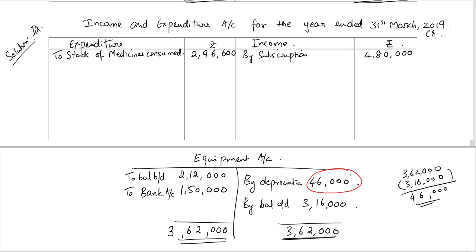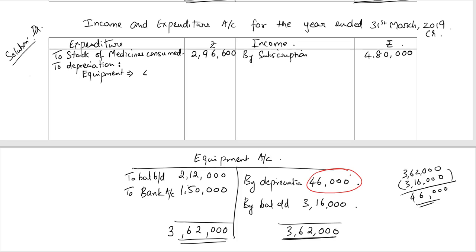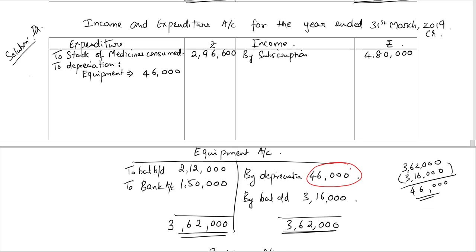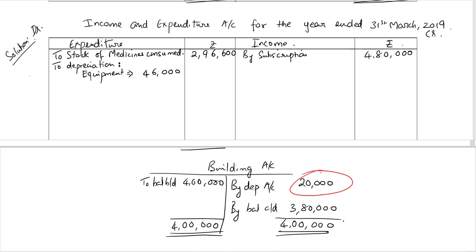Depreciation on equipment as per the working note, 46,000 rupees, to depreciation on the equipment, ₹46,000, and depreciation on building is 20,000 rupees.